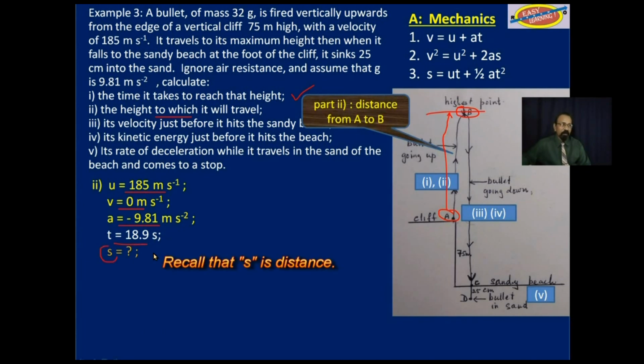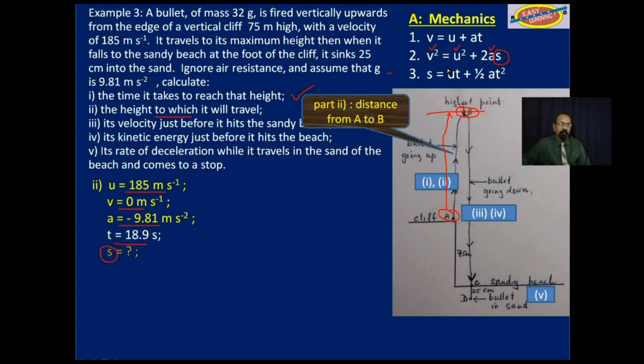We want to find S. Let's look at the formulas we have. Let's look at this first one that has S in it. Do we know V? Yes. Do we know U? Yes. Do we know A? Yes. So we can use that, but then we will have to change the subject of the formula.